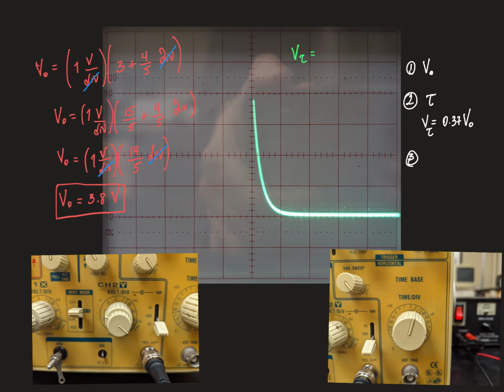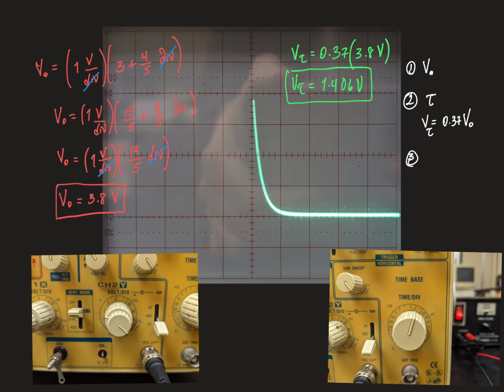Voltage at tau is going to be 0.37 of the maximum voltage, which is 3.8. 0.37 multiplied by 3.8 is 1.406 volts.